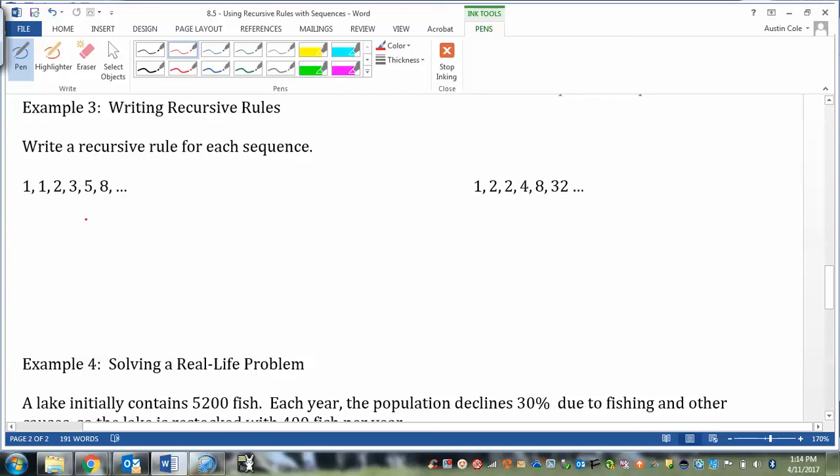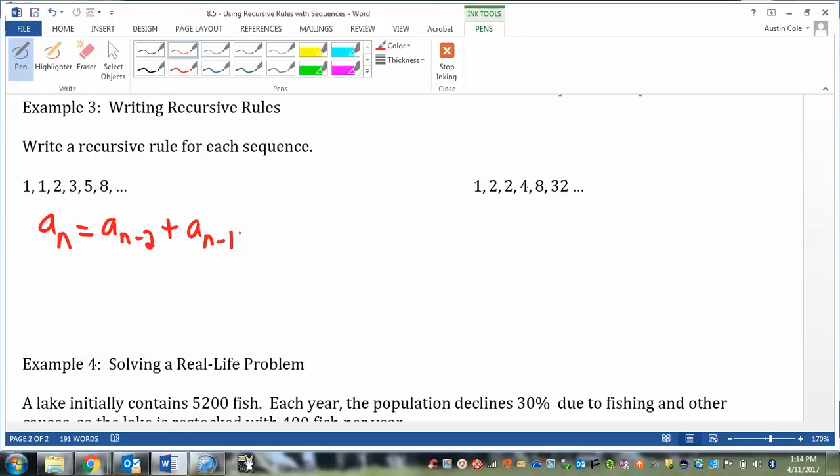So here's what we're doing on this one. We're saying, okay, we have a sub n, right? We need a recursive rule for this. A sub n equals a sub n minus 2, 2 terms before it, plus a sub n minus 1, 1 term before it. How many terms do we have to list out as our beginning terms on this one? 2, right?